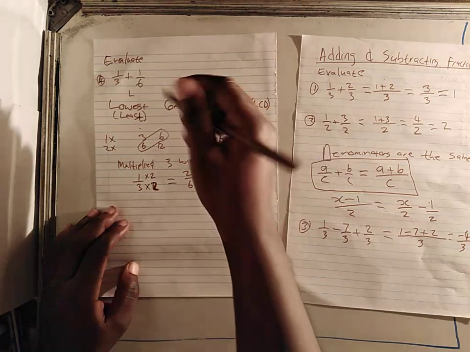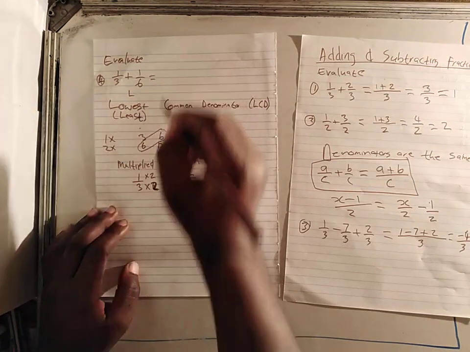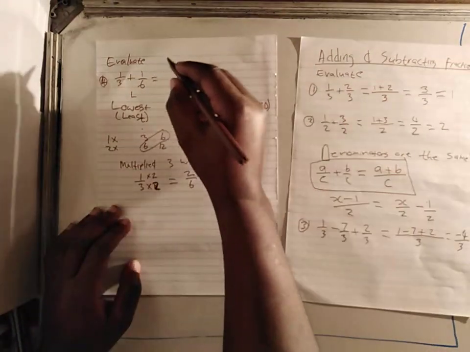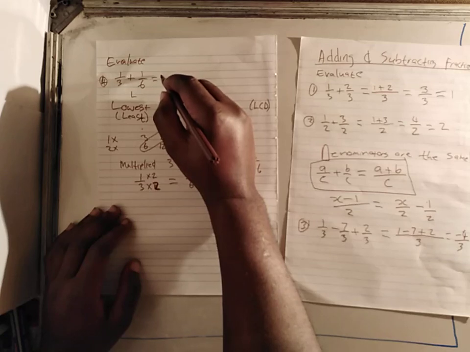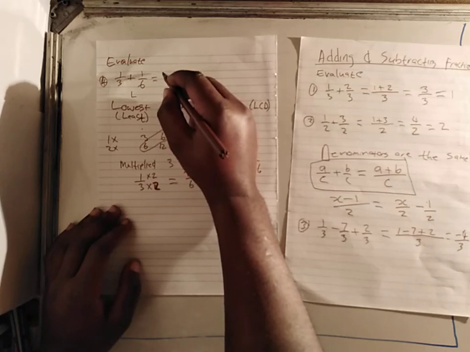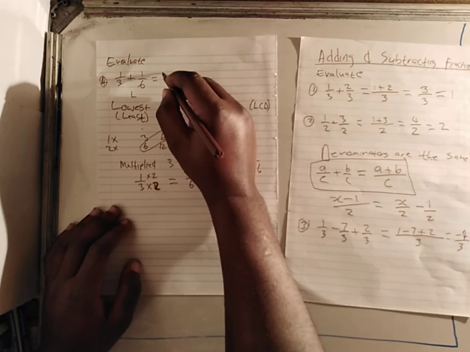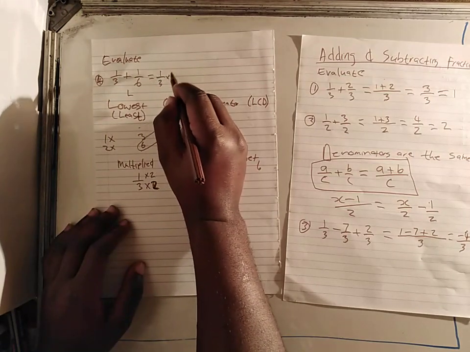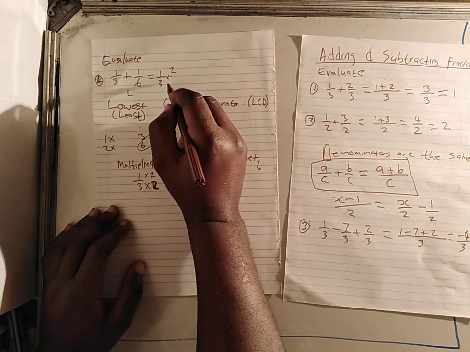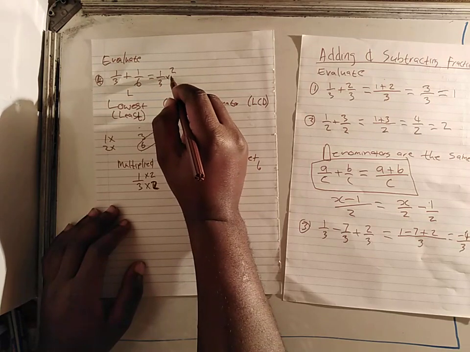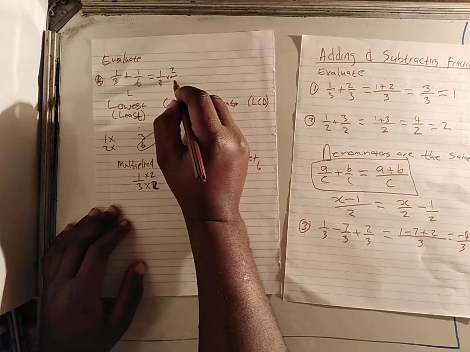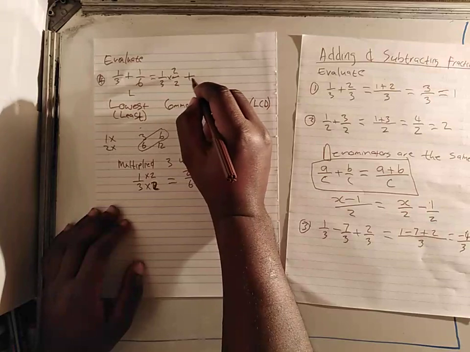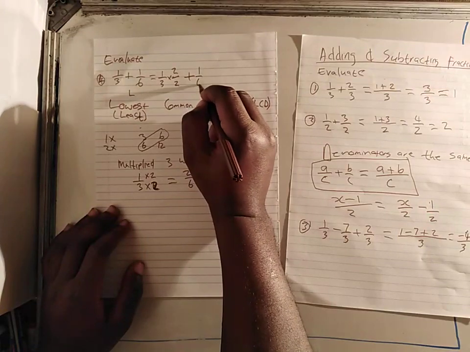So we then take the 6 to here, or let's just do it here to show. We've got 1 over 3 times 2 over 2, this times 2, and then all of it plus 1 over 6.